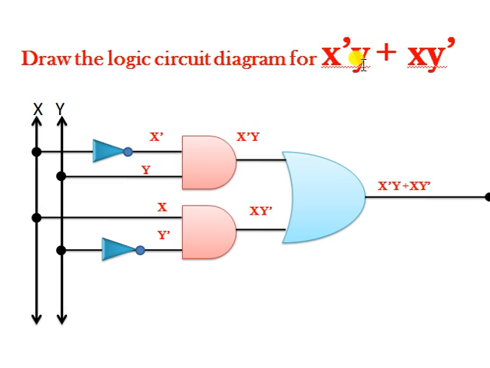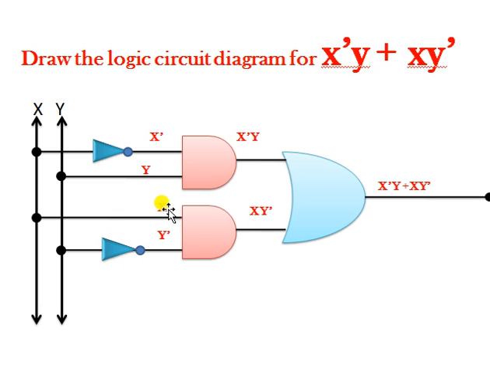And x bar y. This is y. And x bar dot y means AND gate, because AND is the multiplication relation of a logic circuit. So x bar y, we are implementing an AND gate and it becomes x bar y.